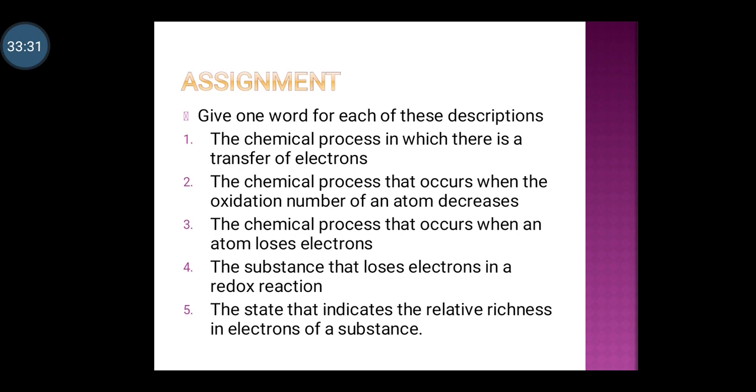The chemical process that occurs when the oxidation number of an atom decreases. Give the name. 3. The chemical process that occurs when an atom loses electrons. Put the name. Then 4. The substance that loses electrons in a redox reaction.